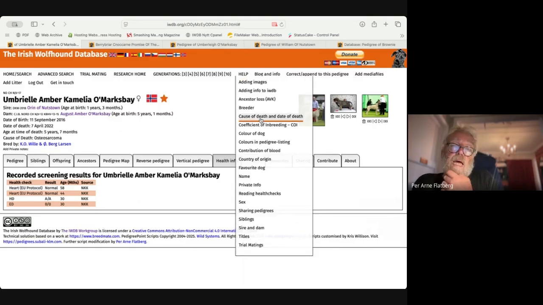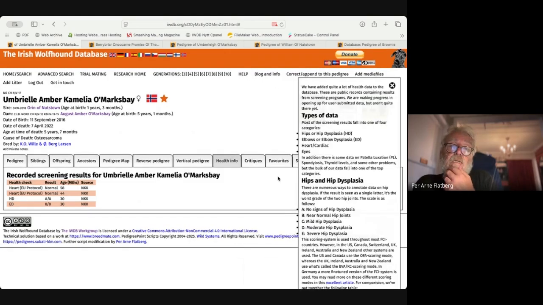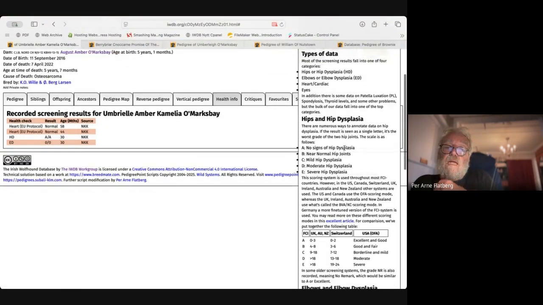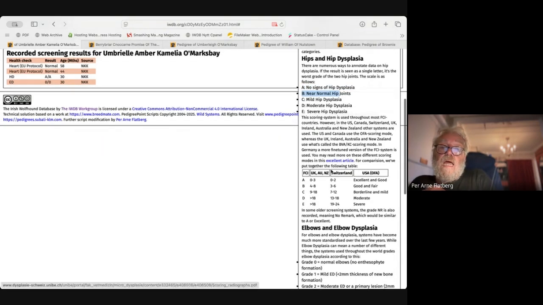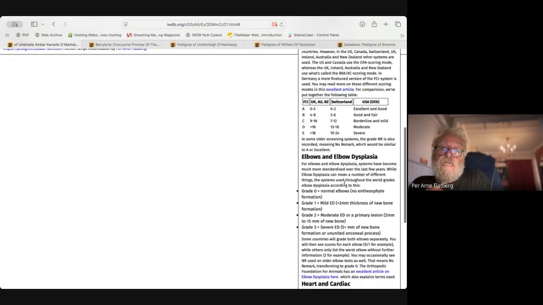If you look at help and reading health checks, you will have information here on what hip A means, no signs of hip dysplasia. B is near normal, etc., and a translation table here. So A would be excellent and good in the US or OFA data, whereas B would be good or fair, C would be borderline and mild.